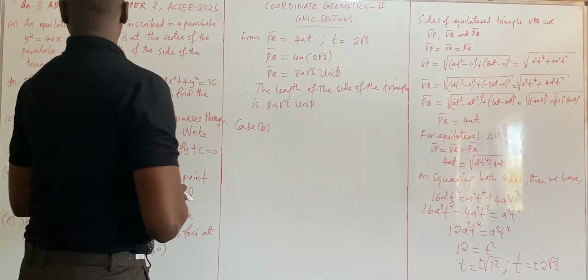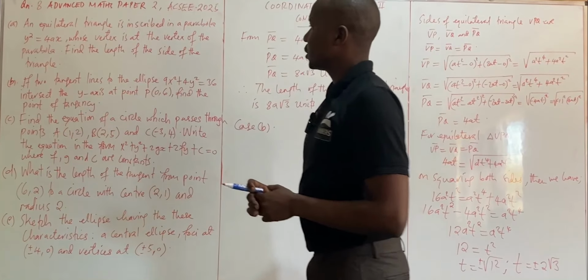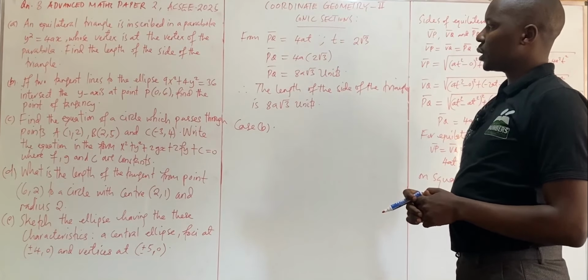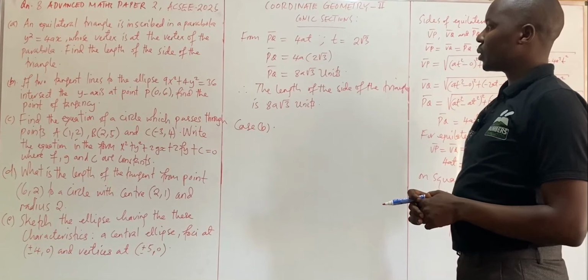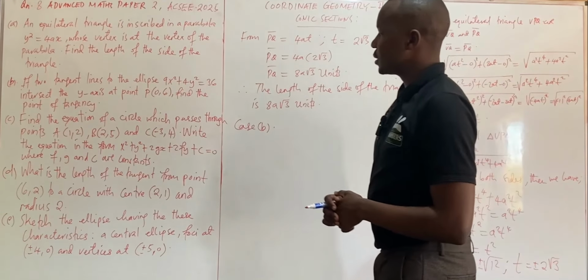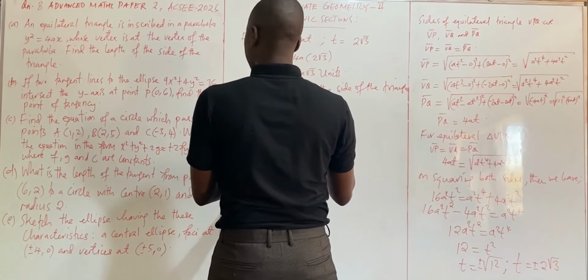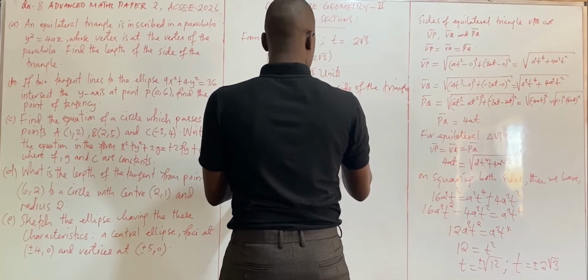In case B, we are told if two tangent lines to the ellipse 9x squared plus 4y squared equals 36 intersect the y-axis at the point, so here we are provided with the equation of an ellipse.